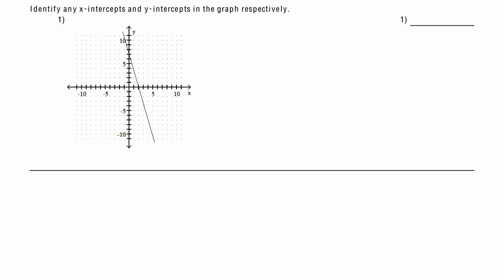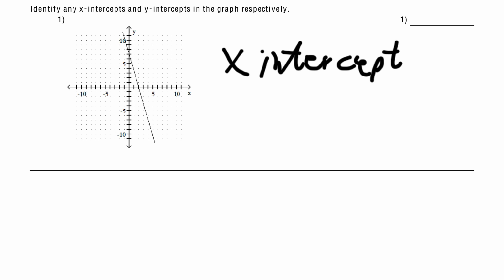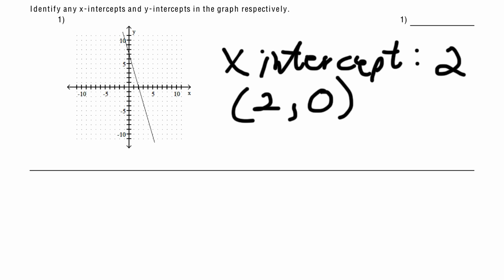So we could say that the x-intercept is 2, because we automatically know that y is 0 there, so we don't have to put it, but we could do an ordered pair. You'd say this is the x-intercept, you put 2, 0. Notice y is 0 because in ordered pairs the x comes first and then the y.